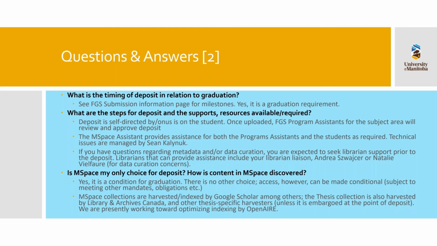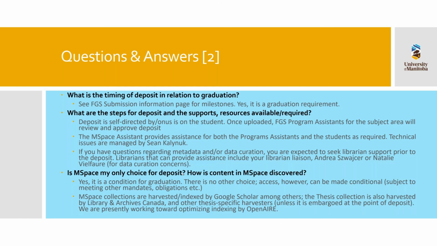Just so that you're aware, and I believe this is addressed in the distribution license piece of the copyright statement that we didn't necessarily show, MSpace collections are harvested, and what that means is indexed or crawled by Google Scholar, among other indexers.